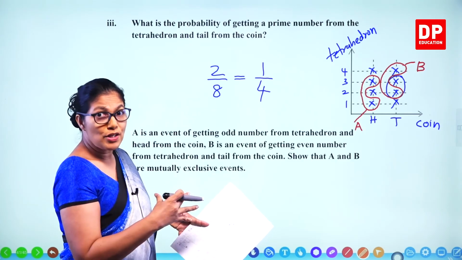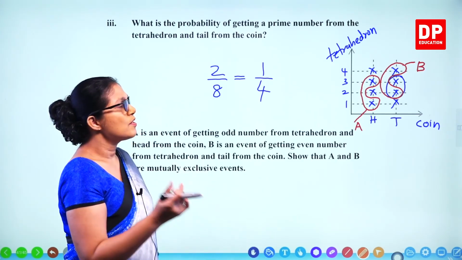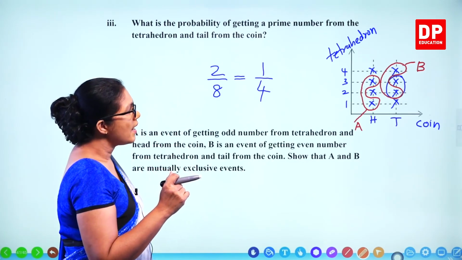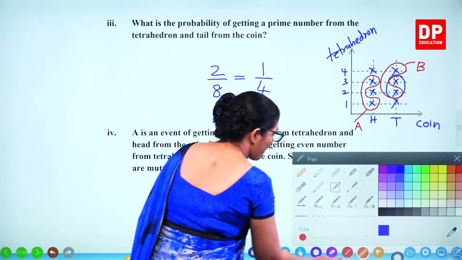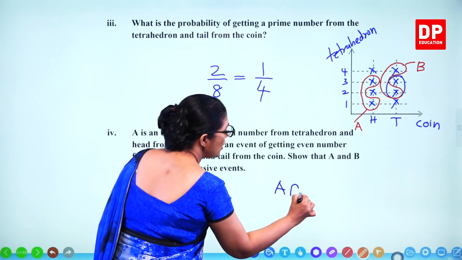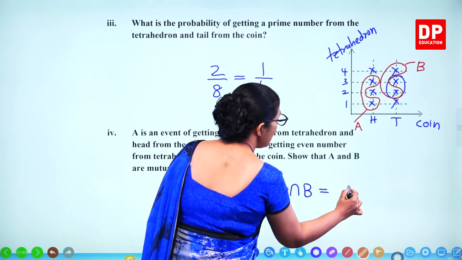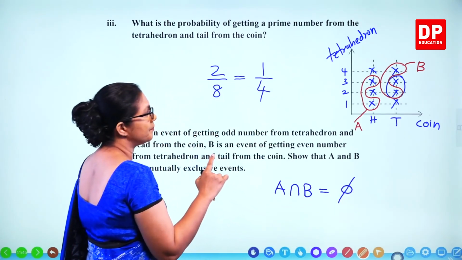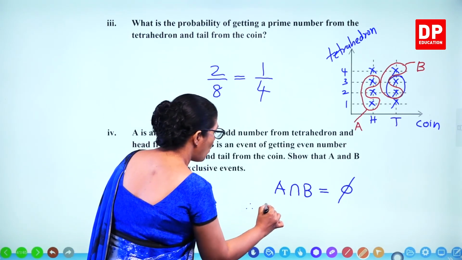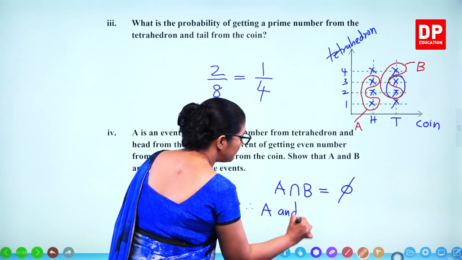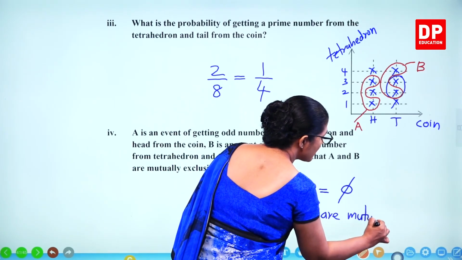No intersection between A and B. So there is no intersection, that means two events are mutually exclusive. So you can write A intersection B is an empty set. No intersection between A and B. So therefore A and B are mutually exclusive events.